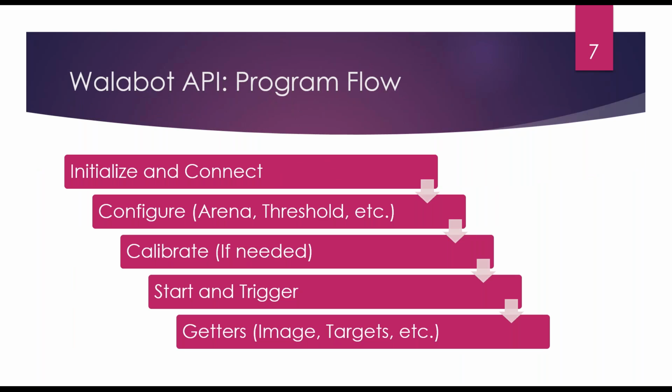Great. So I'm going to talk about the basic program flow of the Walabot. Let's say you just got your brand new Walabot, you've installed the SDK, and you want to program it and do something yourself. So what are the basic blocks that you want to achieve during your program? First is the initialization and the connection.